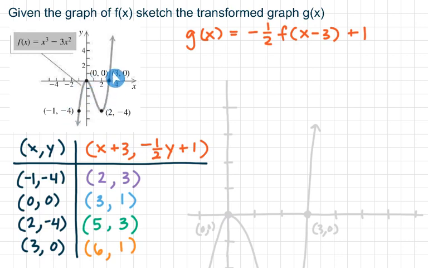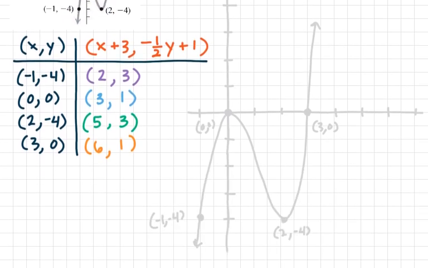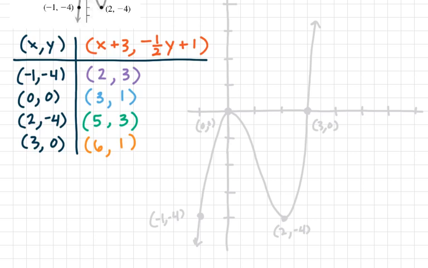So I've taken my graph of f of x and I've sketched it on a larger graph over here to the right. So we see our original curve, this gray graph represents f of x. So let's plot our transformed points. So (2, 3), forward 2, up 3 takes us right here.